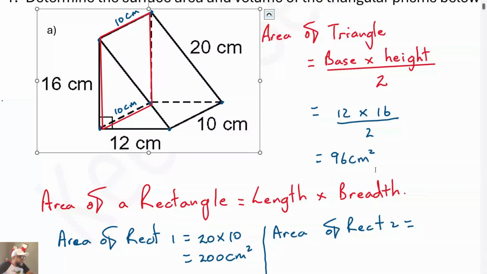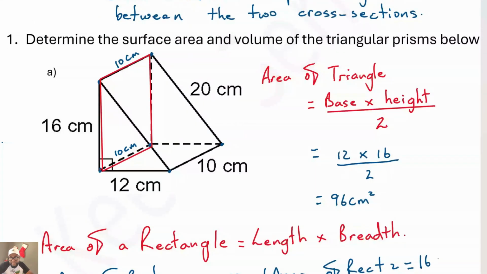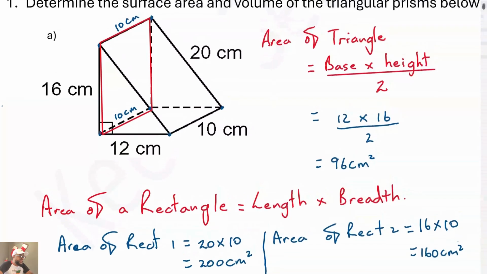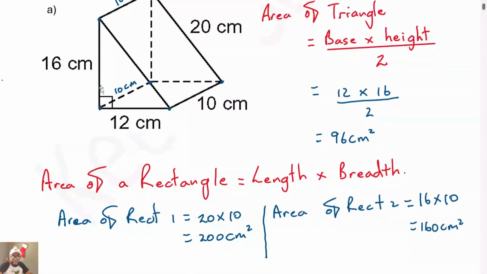The length of that rectangle will be 16. And the breadth of that rectangle will be 10. 16 by 10 is 160 centimeters squared. Everybody good there? We have one more rectangle here. Leon, what's the length and width of the last rectangle here, Leon?